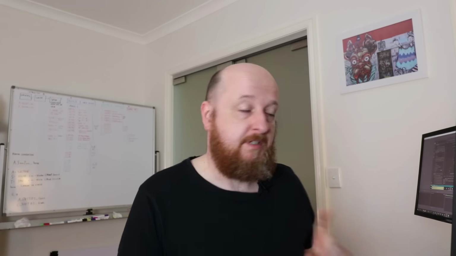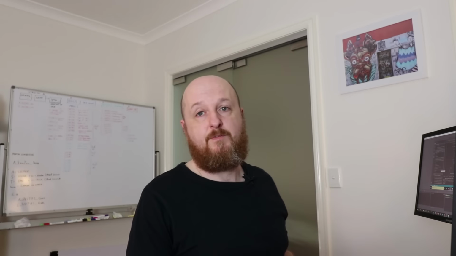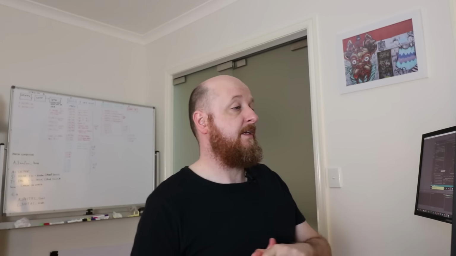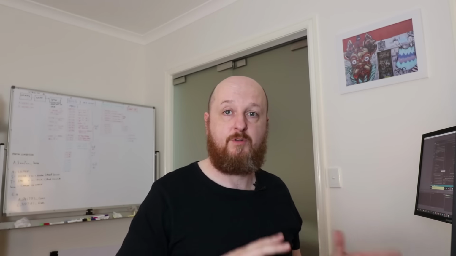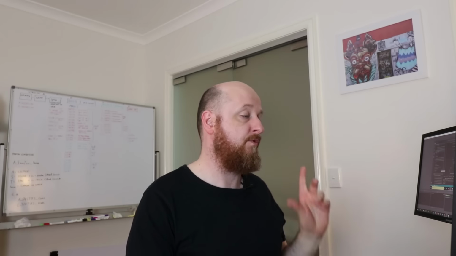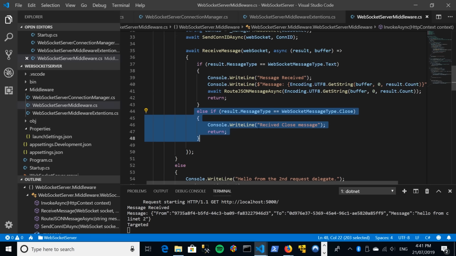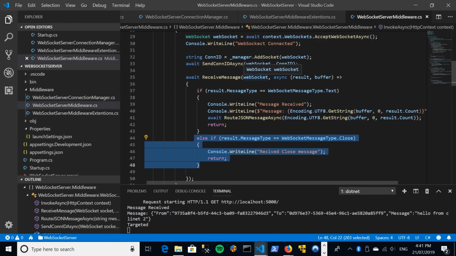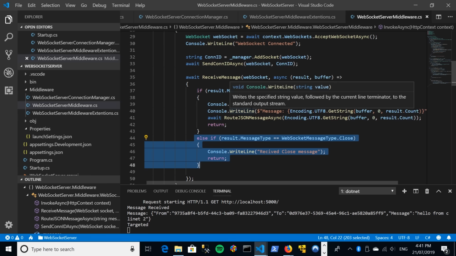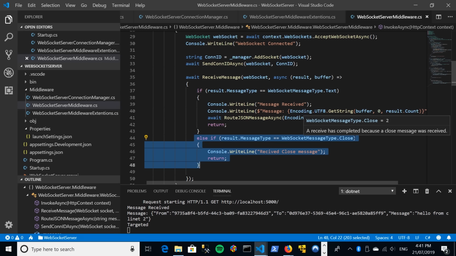Okay, the last thing we need to do in this section before we move on to SignalR is make sure that we close our WebSocket connection gracefully upon receiving that from our client. So if we move over to our code, we aren't really doing anything in this clause here. So we called a receive message method, and then if we received a text message back on it, we perform our routing functionality, but we can also receive a close message, and at the moment we're not really doing anything with that.